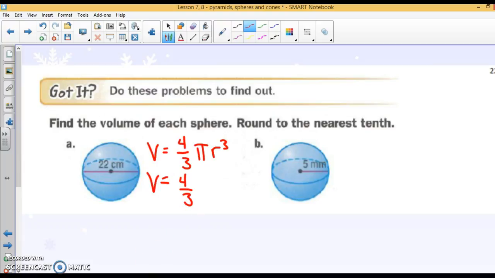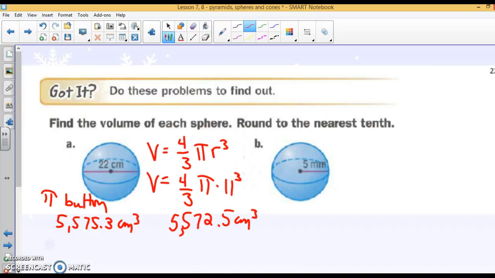I am going to say that our rule in this class is we're going to use the pi button. And the radius here is 11. So when you enter that, you're going to get 5,572.5 cubic centimeters.